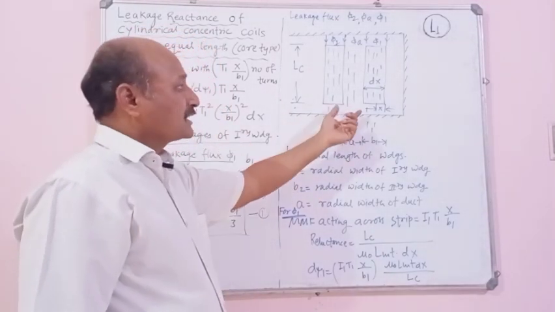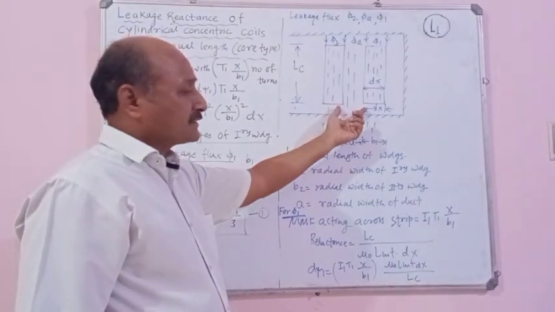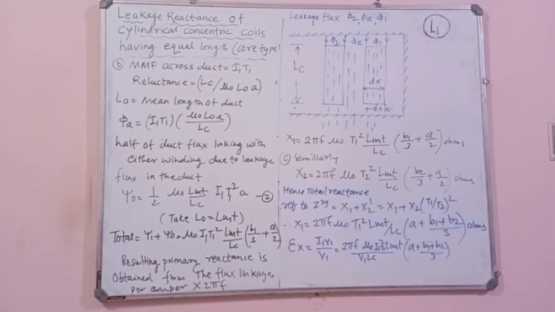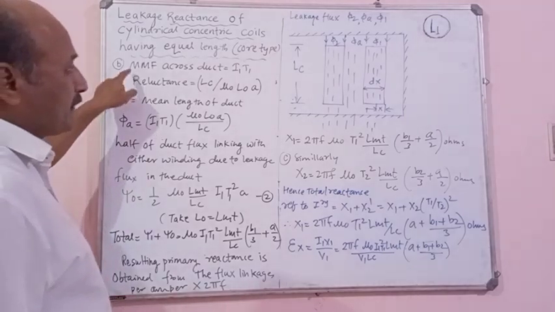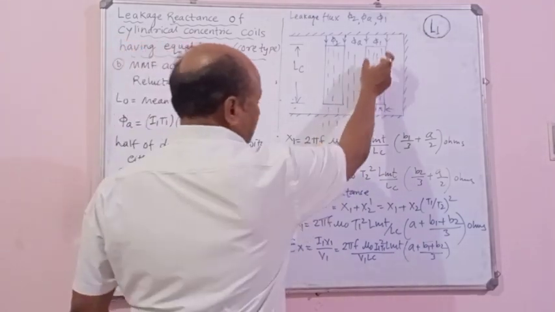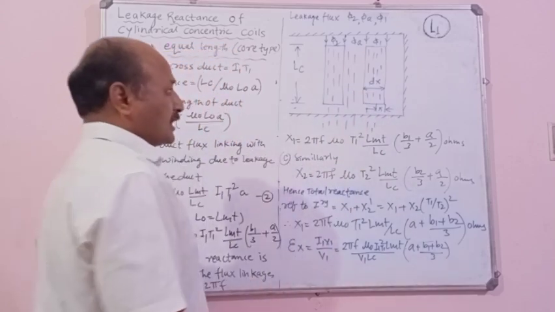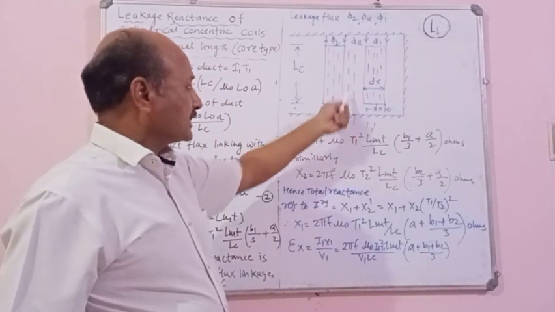Now see the expression for the leakage flux of the duct. So next one is nothing but the MMF across the duct. This one is the primary, this one is the secondary, and this one is the duct. Our aim is to calculate the MMF for the duct.